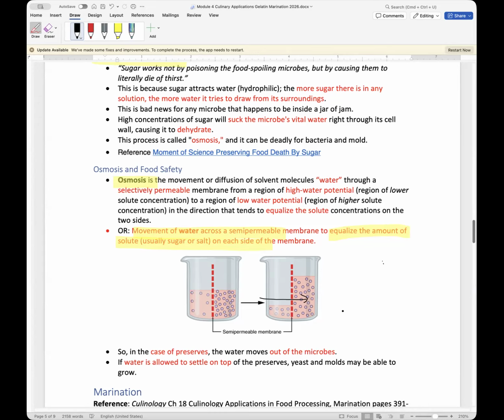Any questions? So what we're seeing with this jam is that the inside of the fruit is going to be a high concentration of sugar, and the outside is going to be low. So the water is going to go into the fruit pieces and cause the cells to break apart.